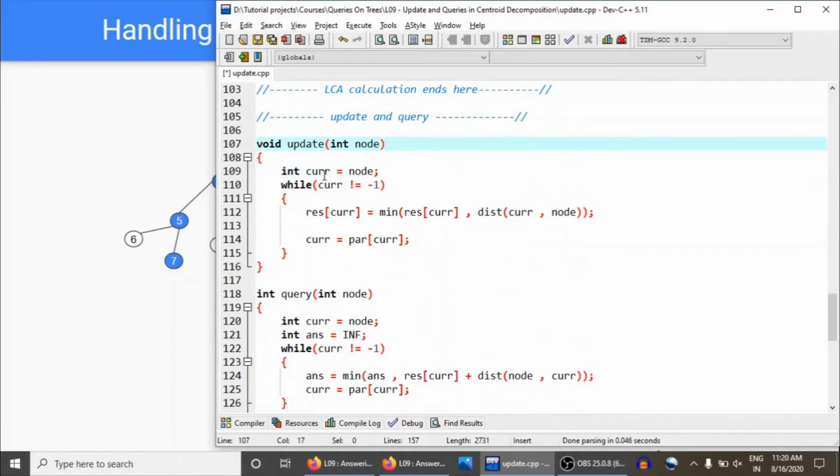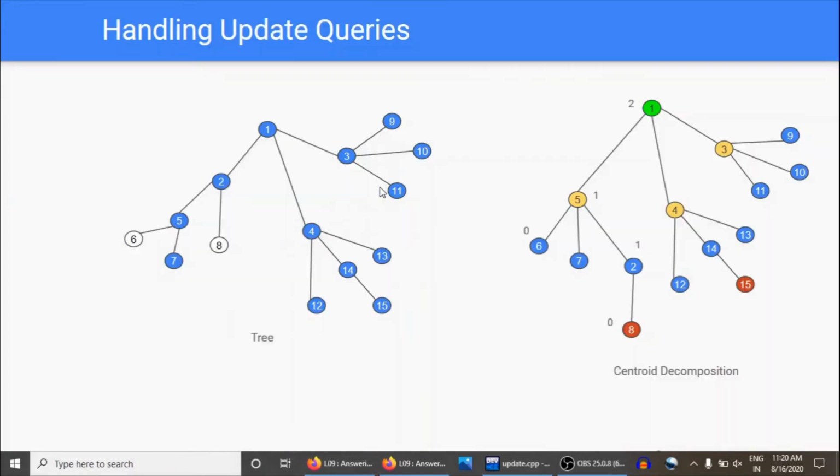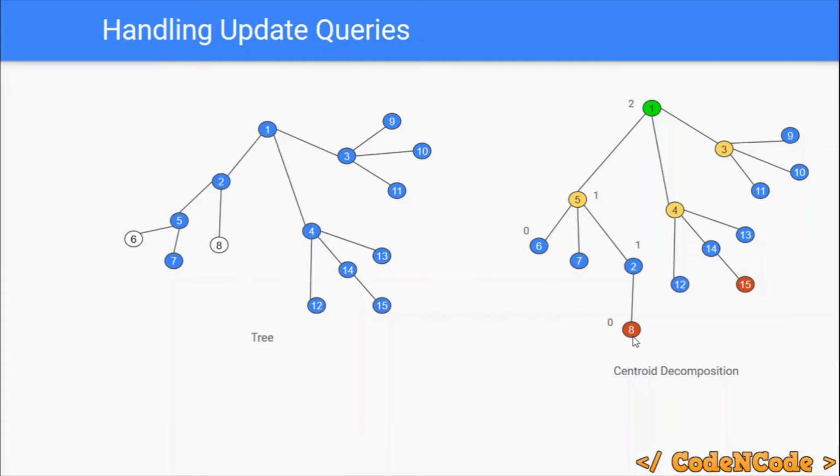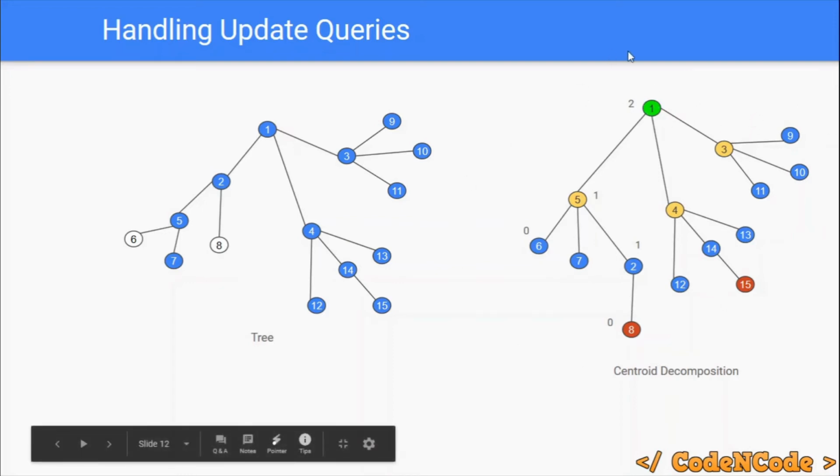So you need to update this node. How would you go about it? You'd save the current node, and since we need to keep track of this node, while current is not equal to -1. Why would that happen? Initially current and node would be 8, and node would remain 8 if you are updating 8, while current would be 8 and then 2 and then 5 and then 1. Since 1 is the root of the centroid decomposition tree, its parent would be -1, so we need to go till current becomes -1.